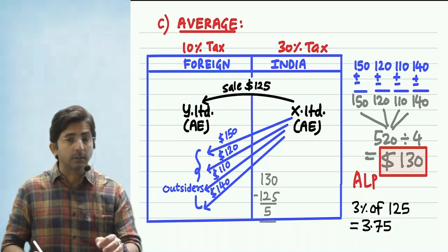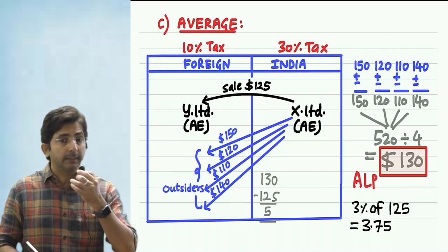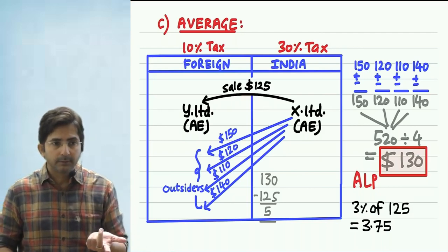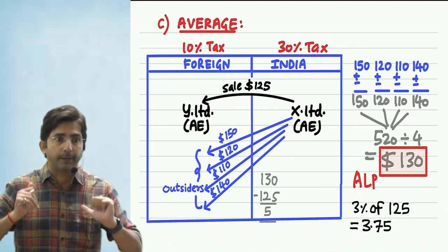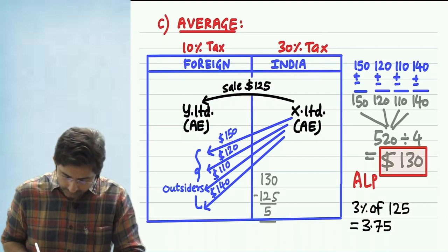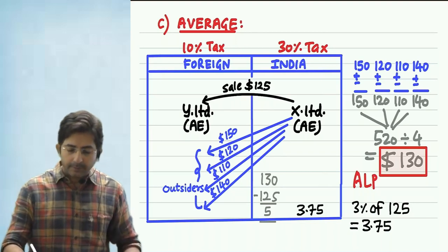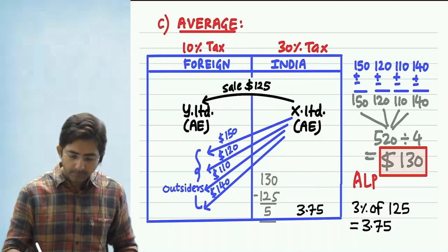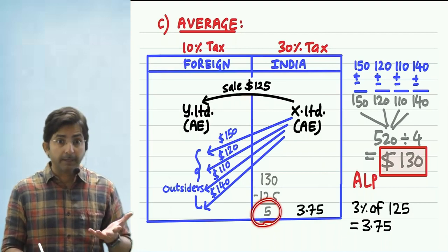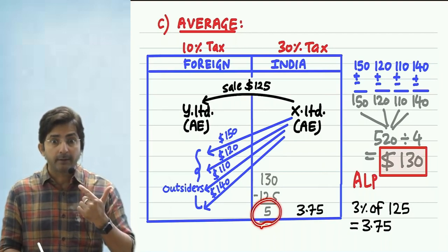It is the actual difference. Now I have to compare this with how much government will tolerate. So that tolerance band figure I will write here, near 5: 3.75. Now tell me, that difference of $5, is it a small difference or a big difference? It is a big difference. It is bigger than 3.75.